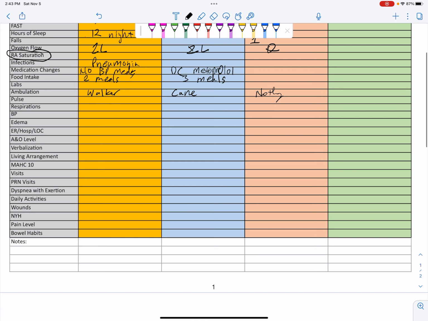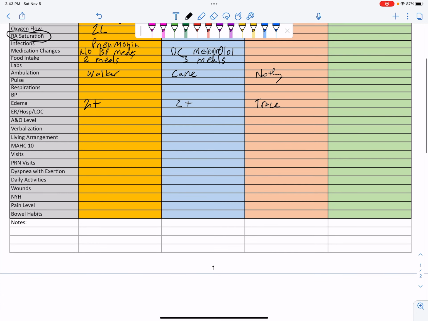And then pulse, respirations, blood pressure, that just kind of depends. Edema, we're at 2+ now, and we had 2+ then, but 6 months ago, it was just trace. So hospital, ER visits, well, we're just coming out of the hospital for 6 days. But 6 months ago, we were in for a CHF exacerbation.